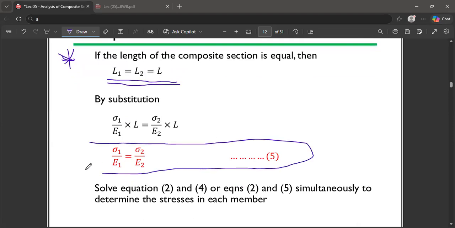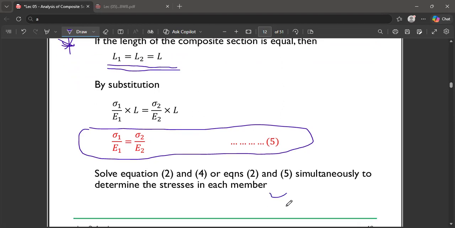That is, if the lengths are equal, then for the compatibility condition, the stress in material 1 over the elasticity in material 1 is going to be equal to the stress in material 2 over the elasticity in material 2. So you just have to solve equation 2 and equation 4, or equation 2 and equation 5 simultaneously to determine the stresses in each member.